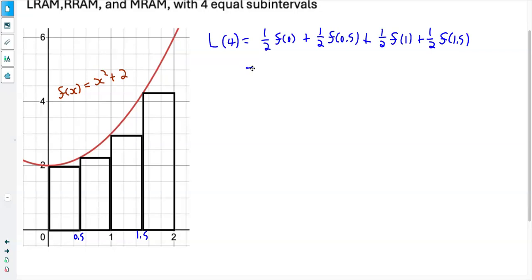Now what we can see is every term here is 1/2, so we can factor that out. I also tend to like to work in fractions.